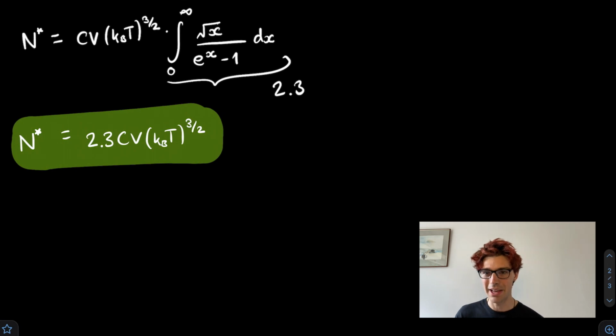You can only have this maximum number of particles in a box, and that would imply that if you tried to add another one, there would be some kind of weird force trying to repel you from adding another particle to this box.